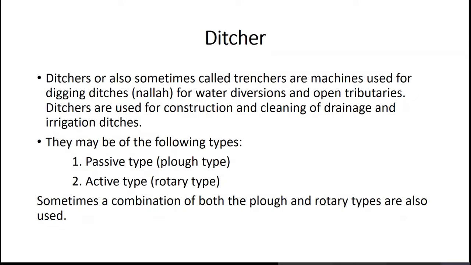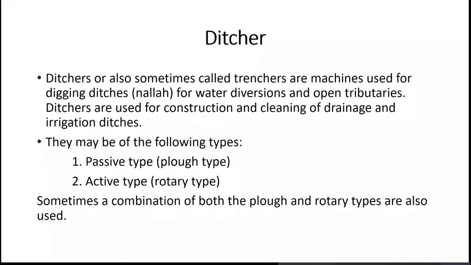Now, active means there is some kind of motion. So there are some moving parts. This is your rotary type. That means in a rotary type, of course you can understand, there are some moving parts which rotate.